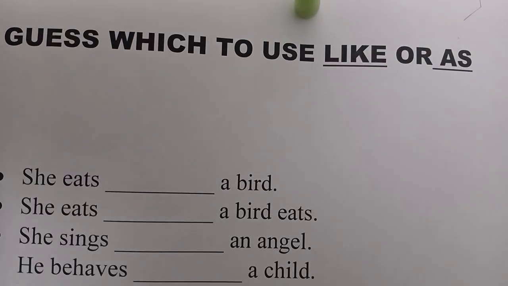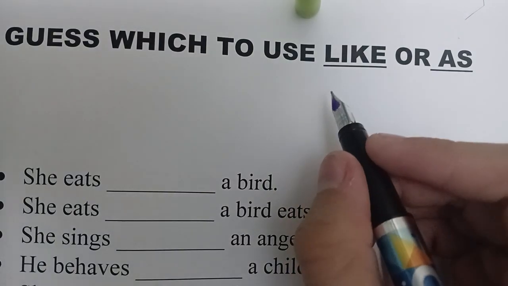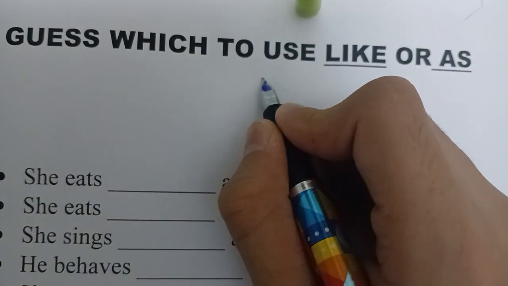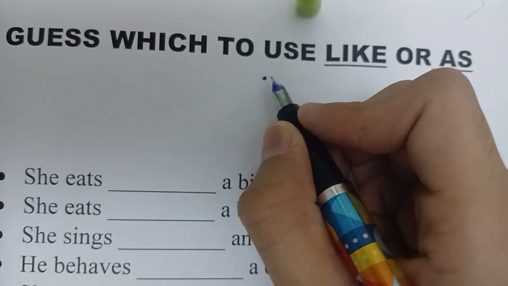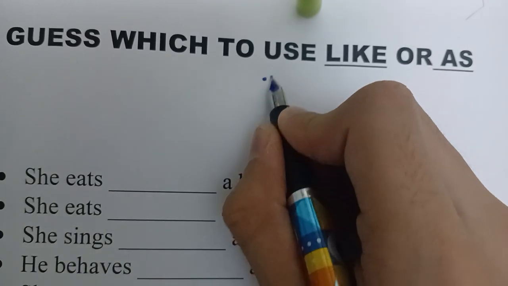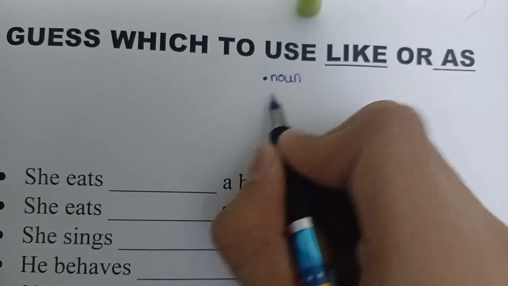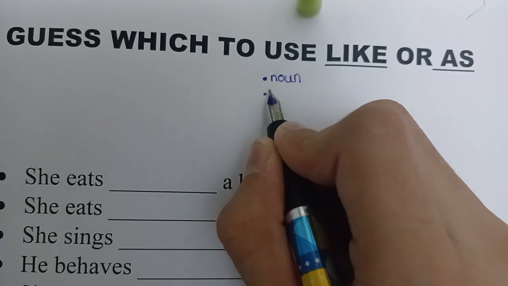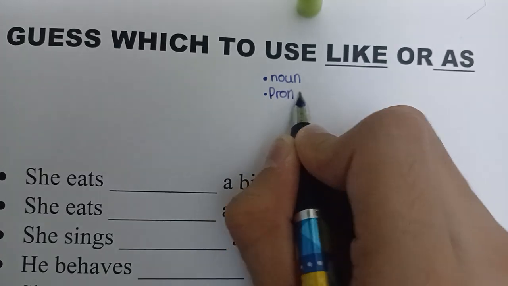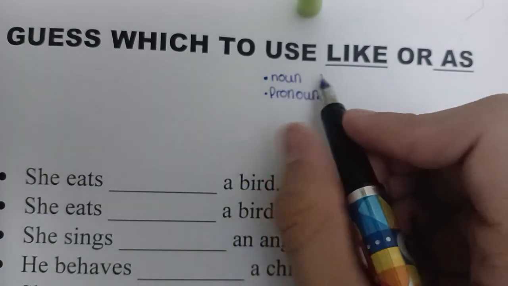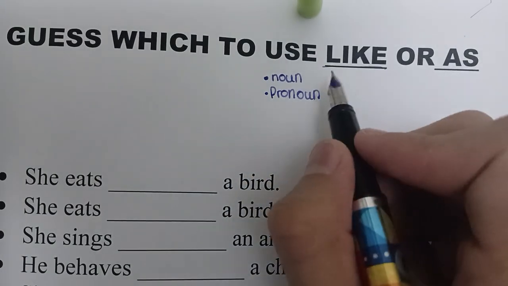Today we're gonna guess where to use "like" and where to use "as." So let's get started. Firstly, we're gonna see what the properties of "like" are. If in a sentence you see a noun and a pronoun, you have to use "like."